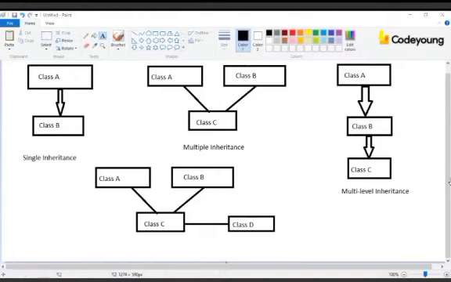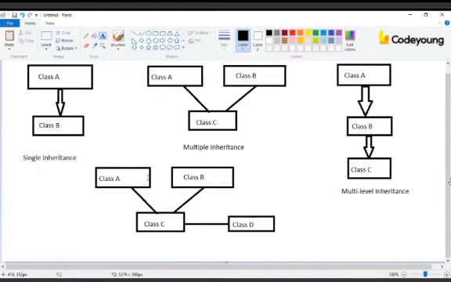It's not like in multi-level inheritance, because if I were to say that class A and B are related to each other, then it becomes multi-level inheritance, correct? So we are not saying that we are following multi-level inheritance. A and B are independent of each other, and so are C and D.